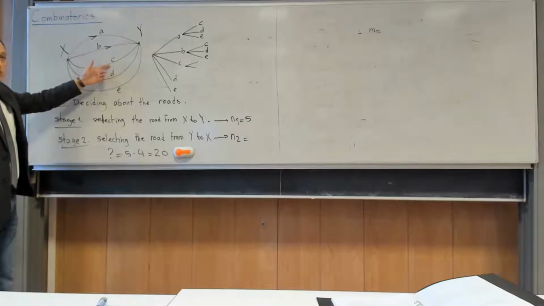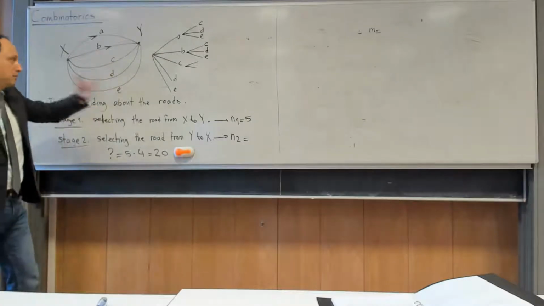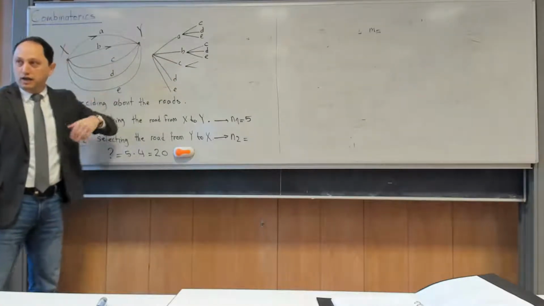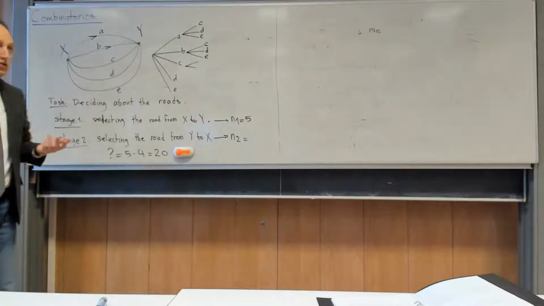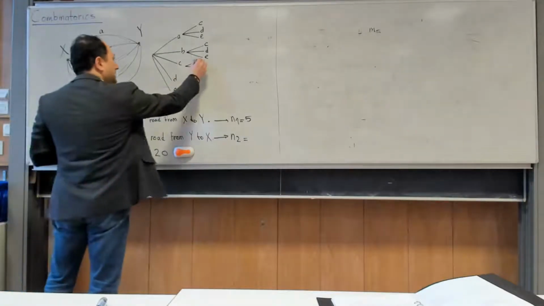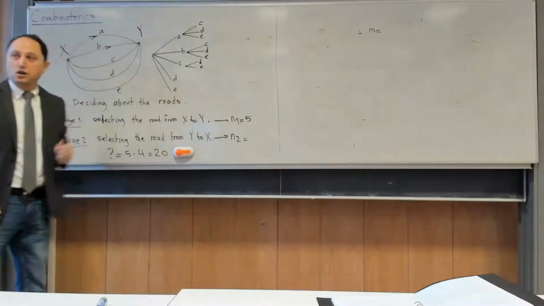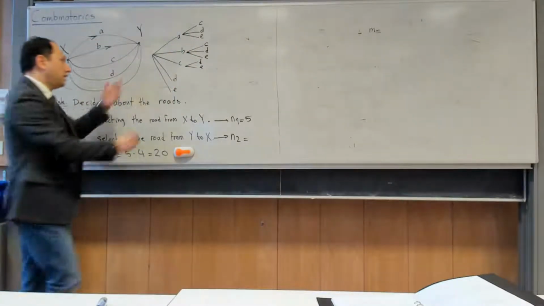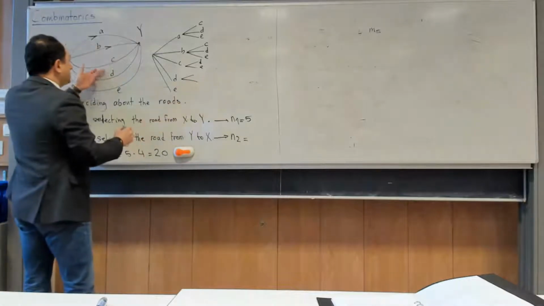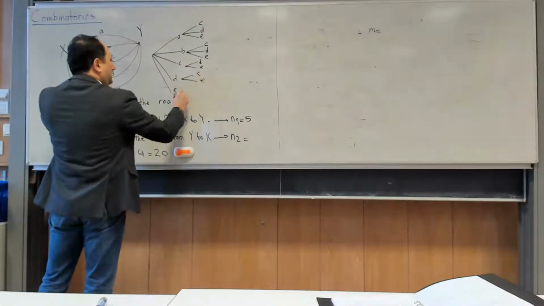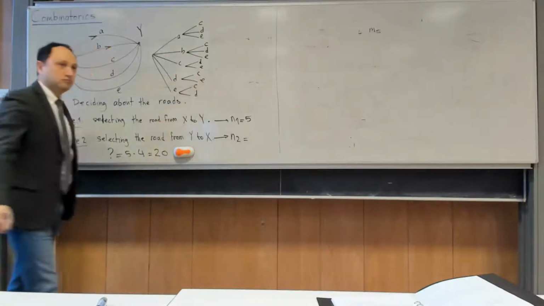C has been chosen, so according to the problem, I am not allowed to choose it again for returning back. So how many options are available? 2. So it means that I can choose D and E. So you see the branches are changing. The number of branches coming out are changing. And if I have D, of course, then I have C and E. And if I have E, I have C and D.